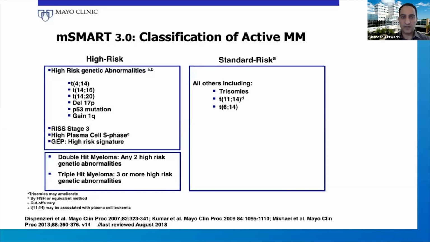As Faith just pointed out, these are not the only high-risk features. There could be other markers also. We talked a little bit about gene expression profile. Mayo likes to do the plasma cell S phase, but also the revised ISS staging system. And then there are a bunch of standard risk disease.